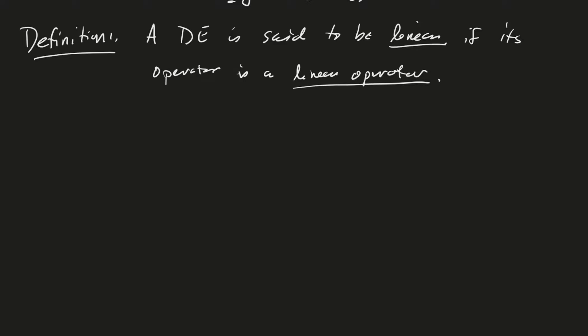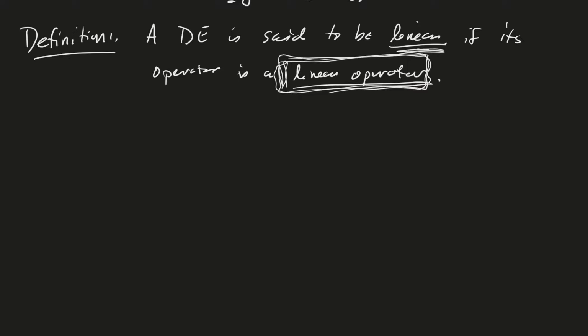We've just been defining what a linear differential equation is by giving you an example, but now we know a differential equation is linear if the operator associated to it is a linear operator. That's the key definition there.